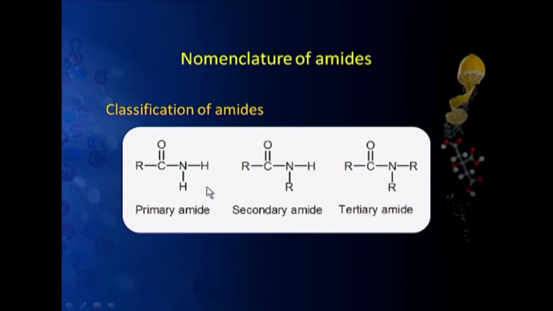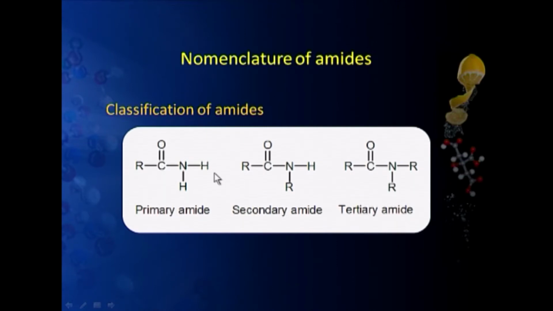But some other amines can also replace this OH, and when there is one alkyl group substituted, we call them secondary amide. And if there are 2 alkyl groups substituting these 2 hydrogens of the primary amine, then we call them tertiary amides. So, amides are further classified as primary amides, secondary amides and tertiary amides.